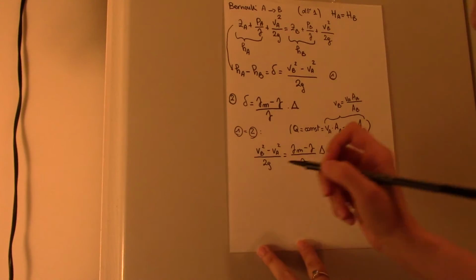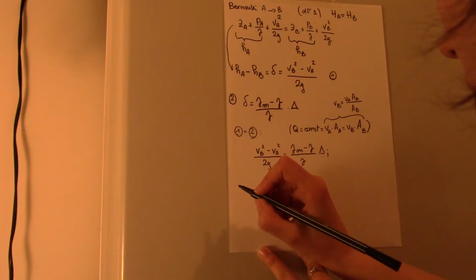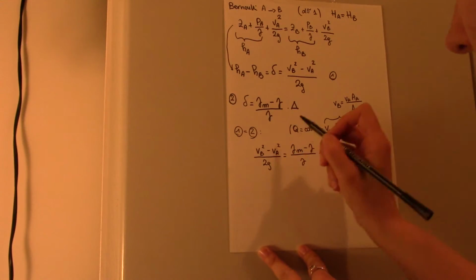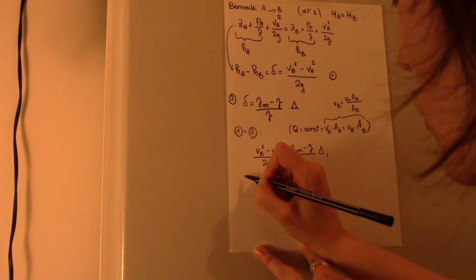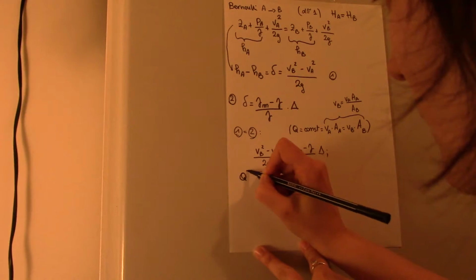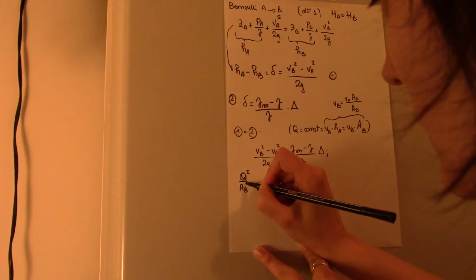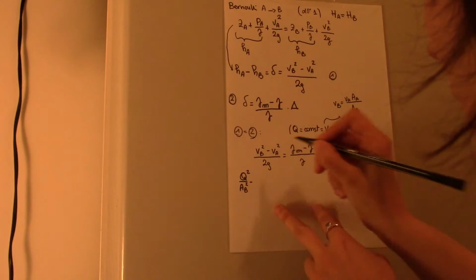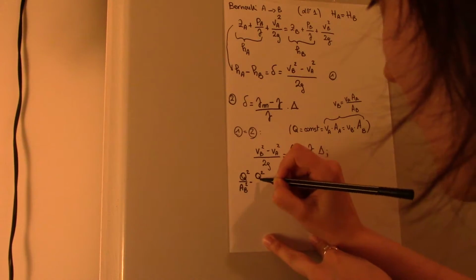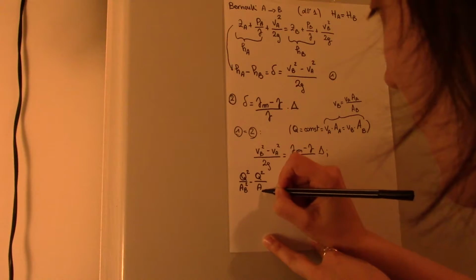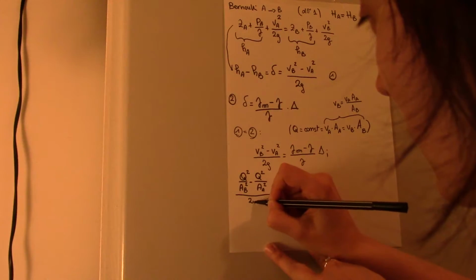So let's see what we get. So basically we will have VB expressed through Q. So it's Q to the power of 2 over AB to the power of 2 minus VA to the power of 2, which is again Q to the power of 2 over AA to the power of 2, over 2g.